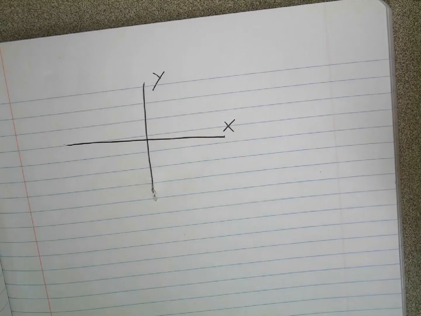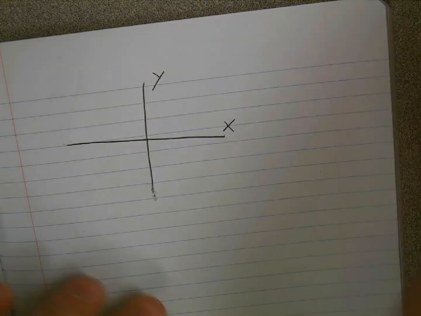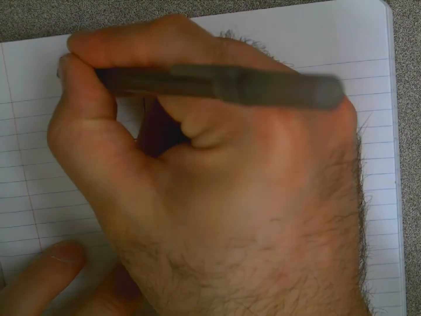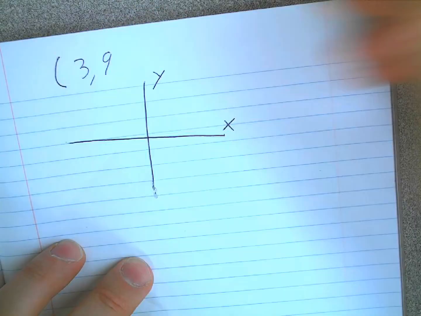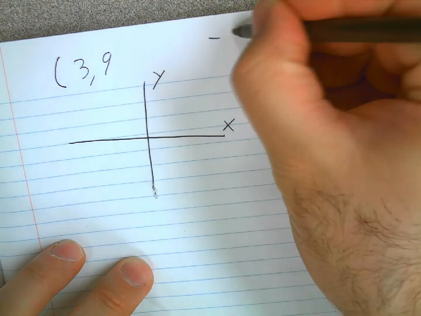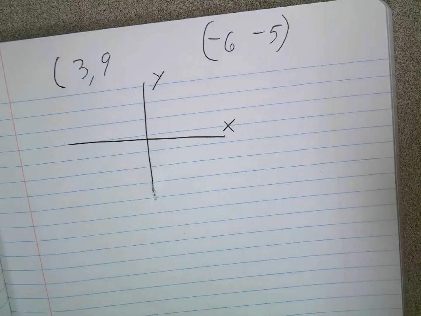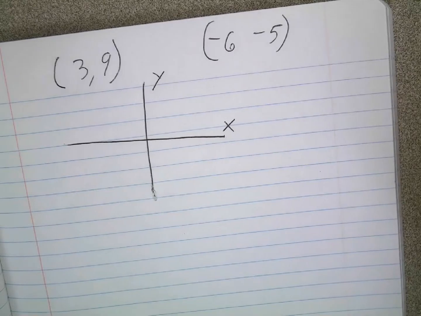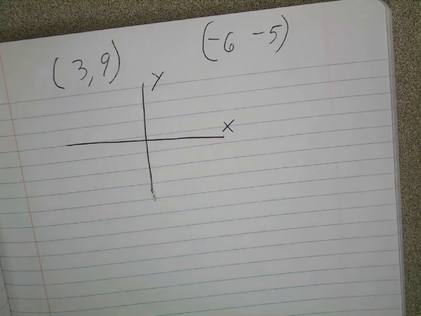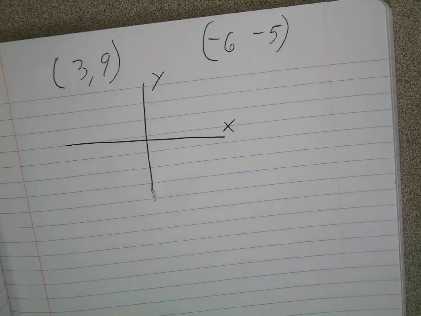So let's just plot 2 points. And the 2 points we're going to look at, let's look at (3, 9) and (-6, -5). All right, so 2 points. The first thing you want to do is you can plot the points, but I like to label them. I like to say which ones are my x's, which ones are my y's. The first number is your x.